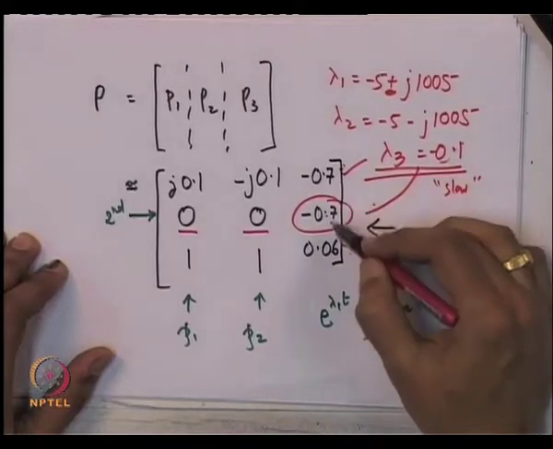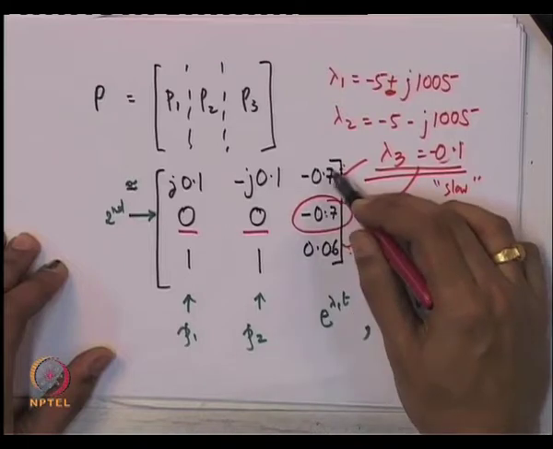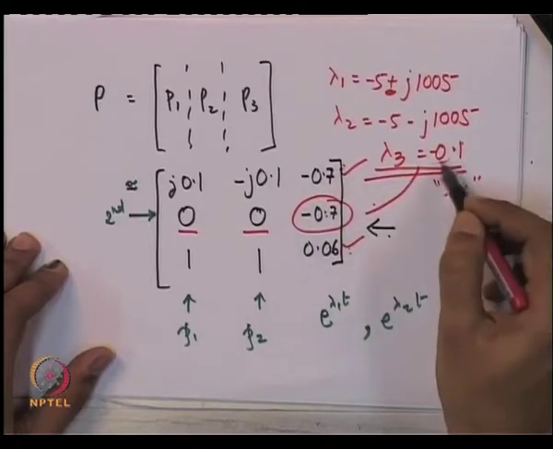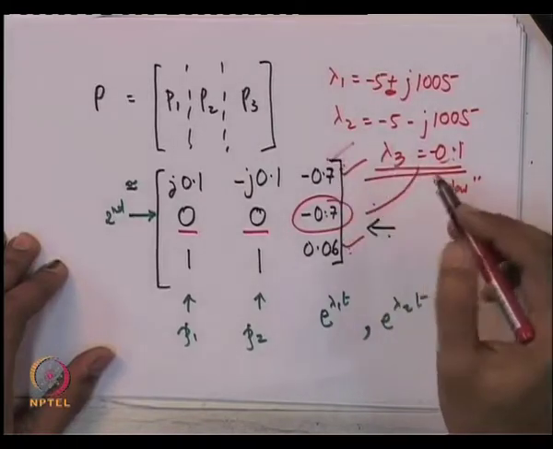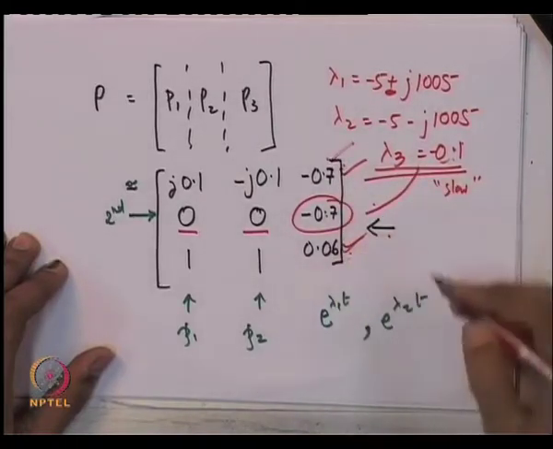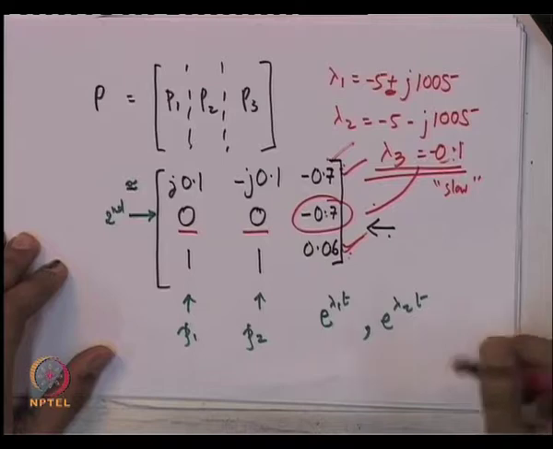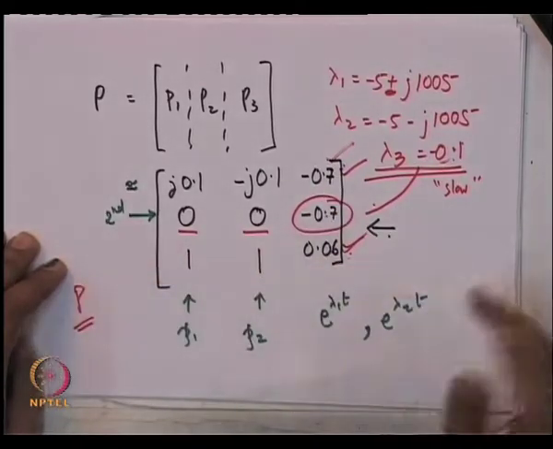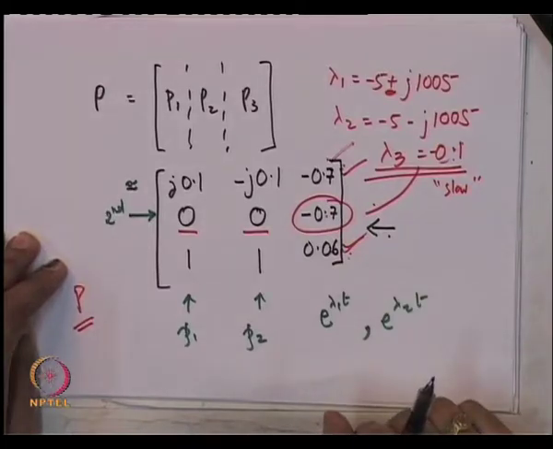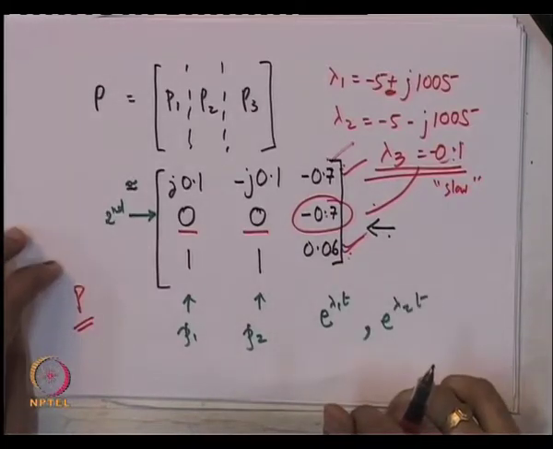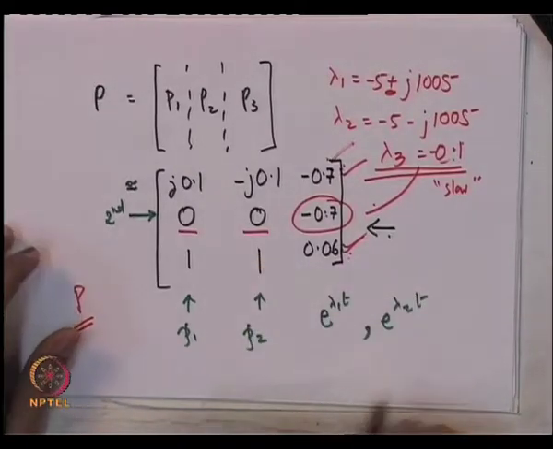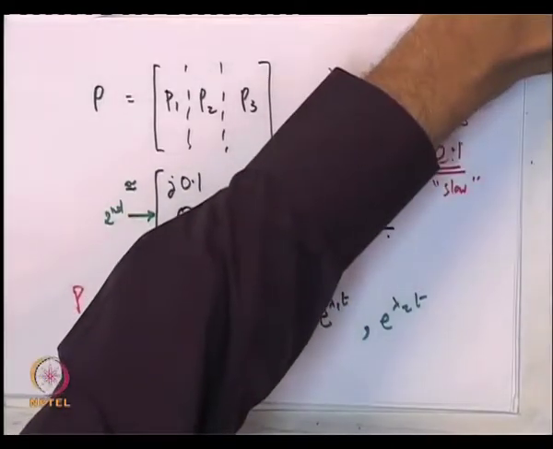You will see that in fact IL1 also is associated with it. You will observe this slow transient not only in IL1, but also in Vc. So, just looking at these eigenvector components of P will not tell you that IL2 is associated with the slow transient. What you need to do here is look at both P and P inverse.